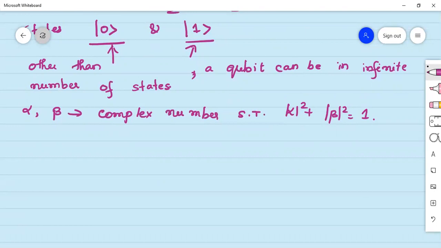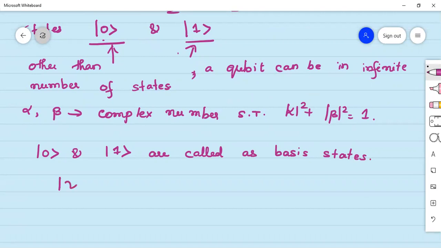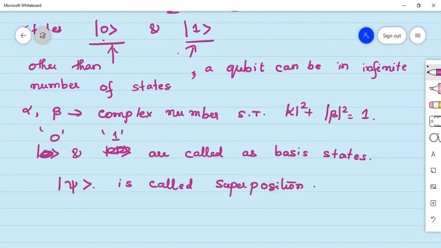Alright, so whatever we wrote, 0 and 1 are called basis states, and this one, psi, is called superposition. 0 and 1 are called basis states and psi is called superposition, right?